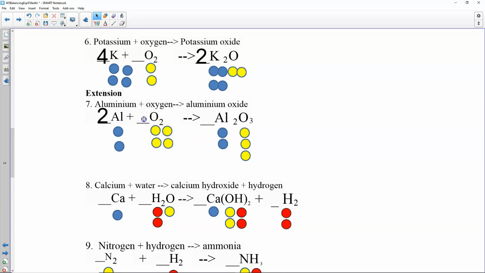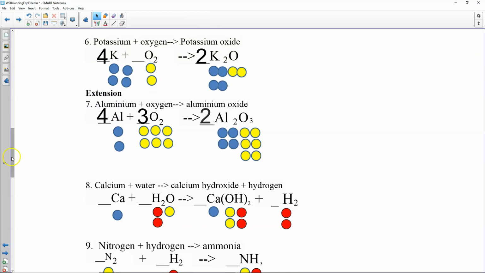So let's try doubling it. We can see this still hasn't quite worked because we've got 4 on the left and 3 on the right, so we double the amount of aluminium oxide. So we now need to add some more oxygen still to balance the oxygen out between the left and right hand side, putting a 3 there. We've got 4 aluminiums on the right, so we need 4 aluminiums on the left, so we put a 4 there.